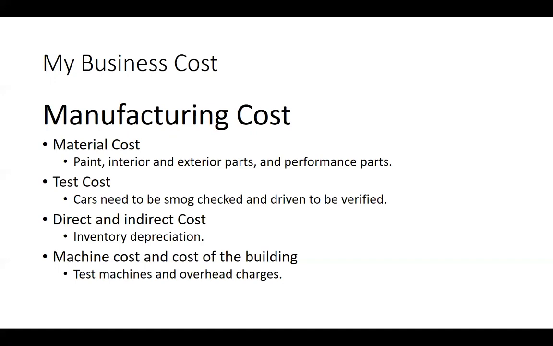Machine costs and cost of building. Cars need to be tested, machines need to be operating, and the facility needs maintenance and lighting. All of that is cost of the building and machine cost.